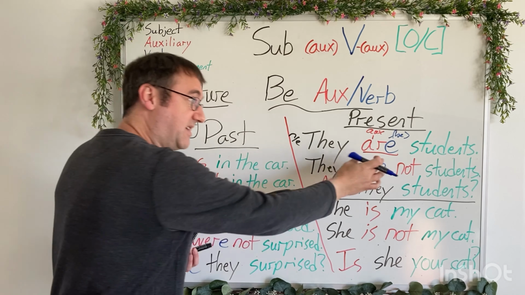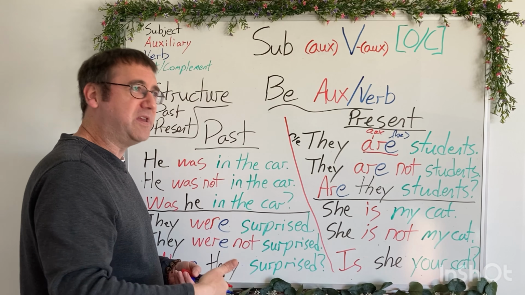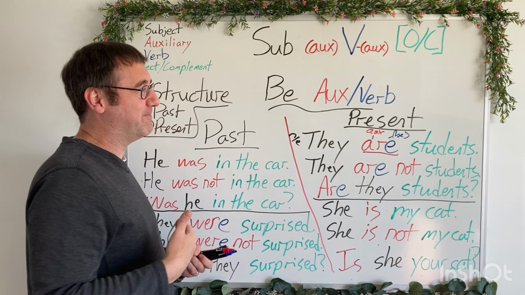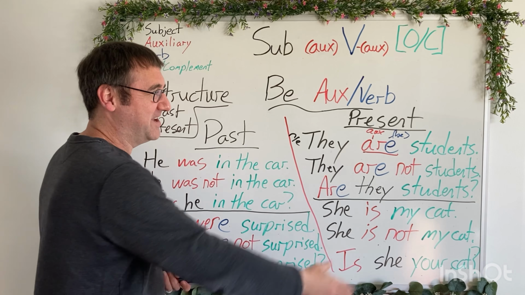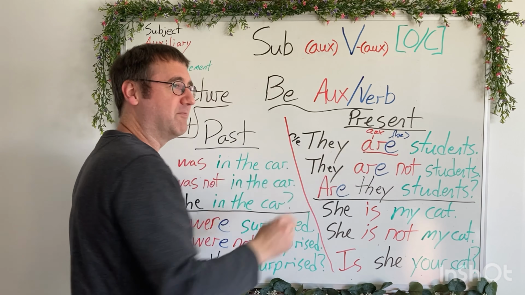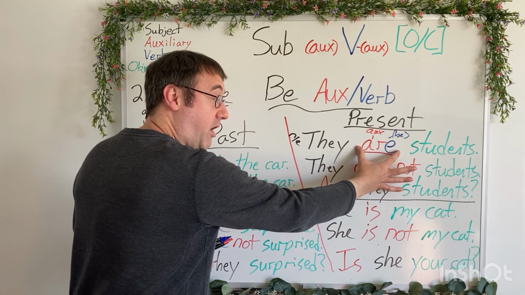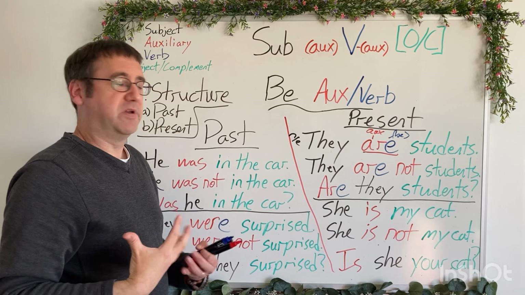If you were a pirate, you could say they be students. And in some places they would do that. They would just use the verb, they be students, I be a student. You hear that sometimes. It's not common, obviously, because most of the time we change the verb be into the auxiliary are, and that's how we use it.